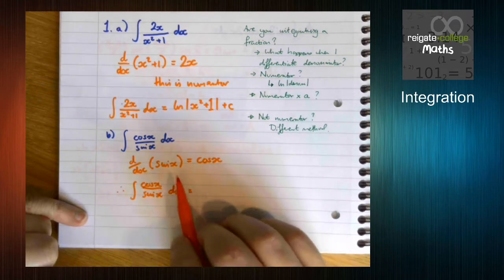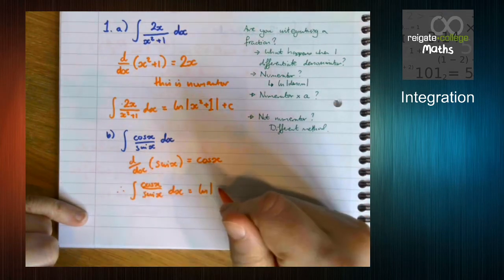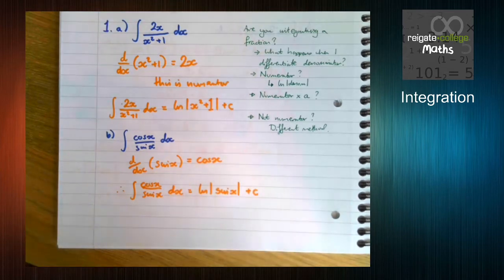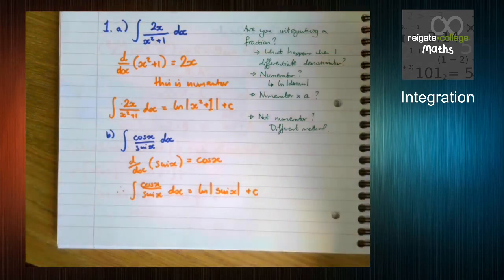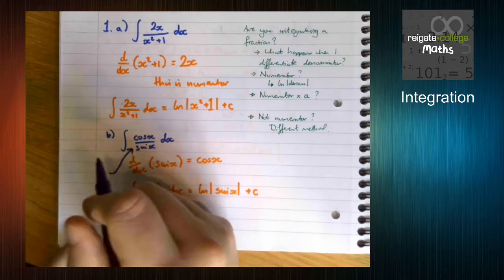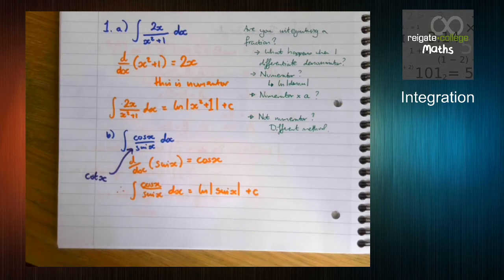Which means this integrates to ln of the denominator. For the more perceptive among you, you may have noticed that this is cot x. This is how you integrate cot x.